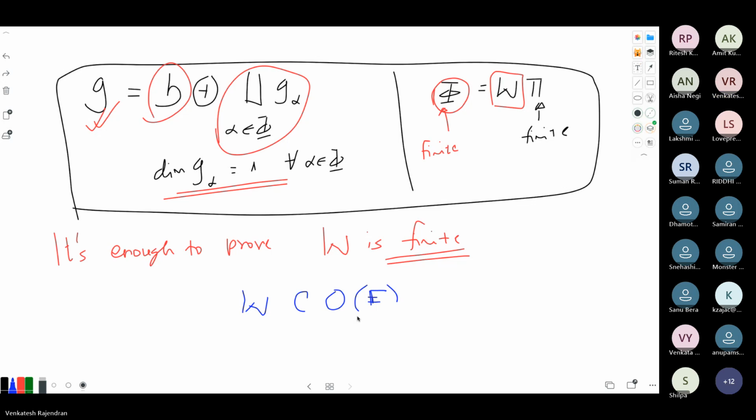Being a bounded discrete group would imply that it's finite. So that's how you prove W is finite.